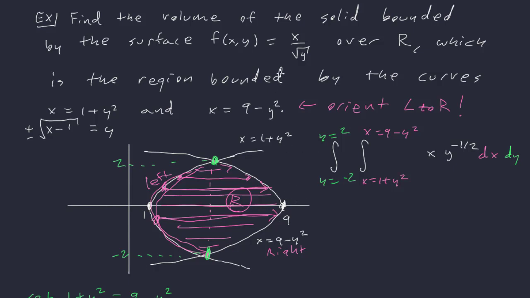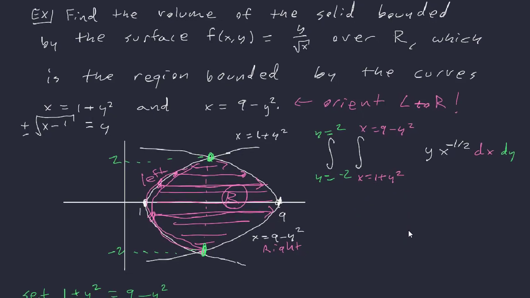I copied this down from my notes wrong. I am very sorry about that. Thankfully, we haven't used it very much yet. This should be y over the square root of x. Sorry about that. Hopefully that doesn't mess things up too bad for you guys. Okay.